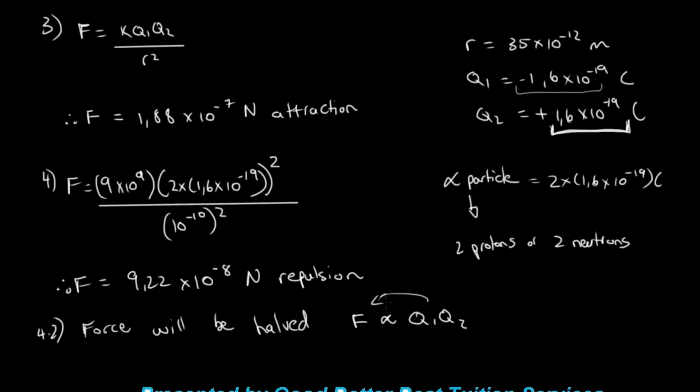With that being said, the last question is number 5. Number 5 was a bit of a different question. It was a question where they asked us to calculate the distance. In 5.1, they gave us the force, which is equal to the product of Coulomb's constant, 9 times 10 to the 9, multiplied by two charges.